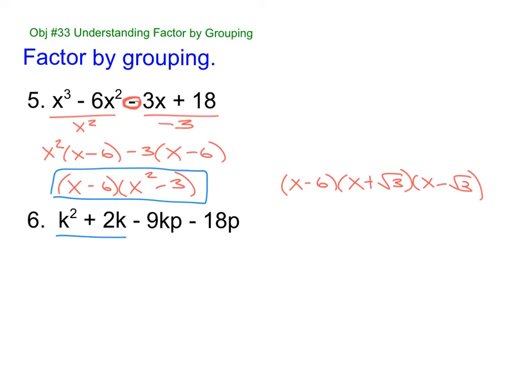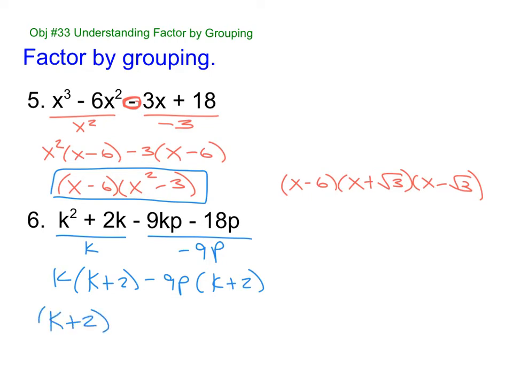Okay, and then this one, k. So I got k plus 2, and then we got, let's see, minus 9p, k plus 2. So k plus 2 is our GCF.